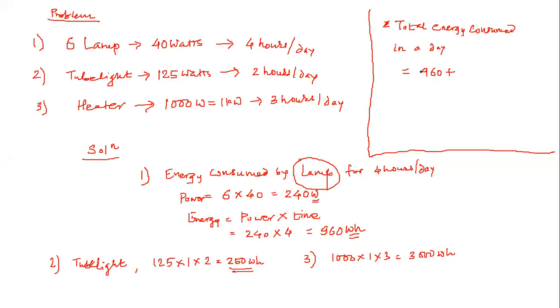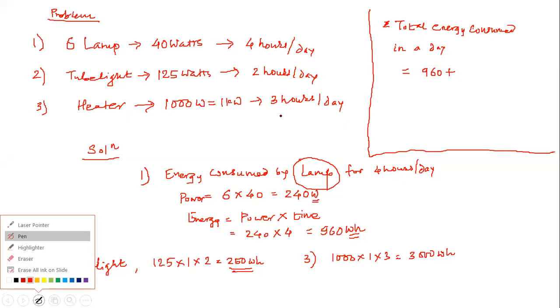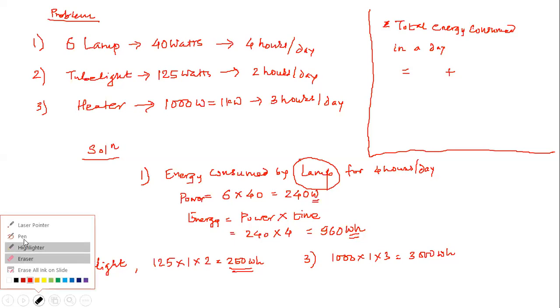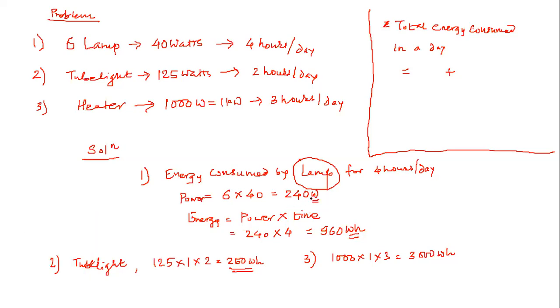Then 960 plus 250, yes, 250 is for tube light, plus 3000 is for heater.